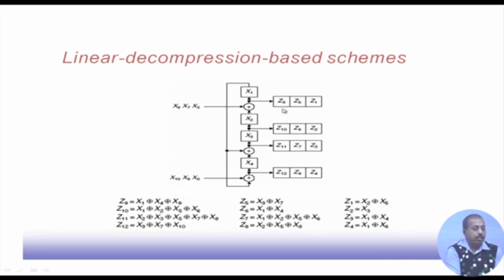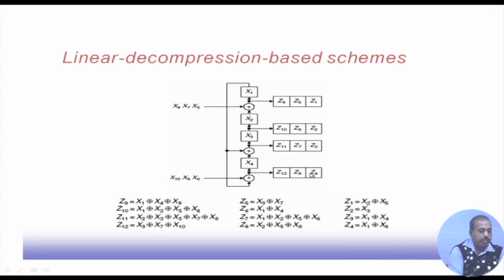Then what will happen? If this machine is made to operate, then what is Z9? Let us say what is Z4. For Z4 we have to start with this one, because first we will get Z4. Z4 is x1 XOR x6. Why? Because this x1 is coming to this XOR gate and this x6 is coming to this XOR gate.